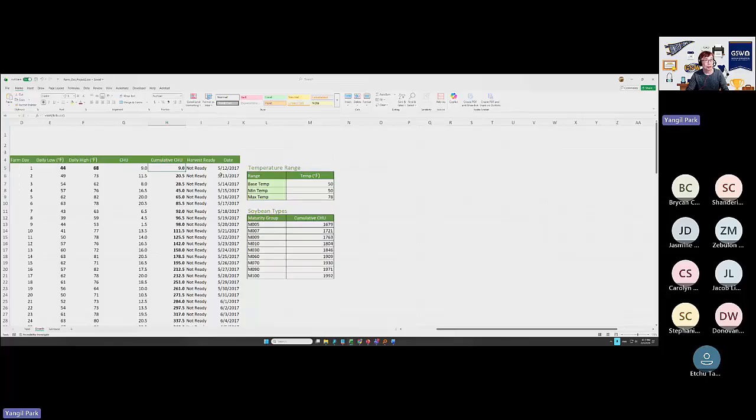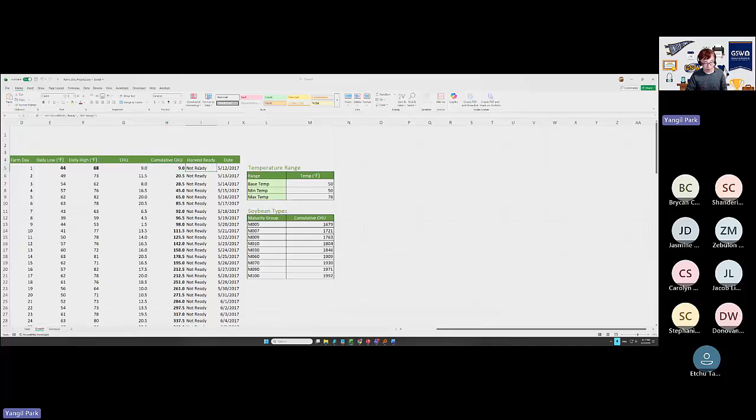Then the next thing we're going to do is column I. We have the number in terms of cumulative CHU. Now it's time to translate this. Rather than just manually seeing where it is, we want to show it in the worksheet and pinpoint which one it is, so that we can apply the same thing over and over to other worksheets.